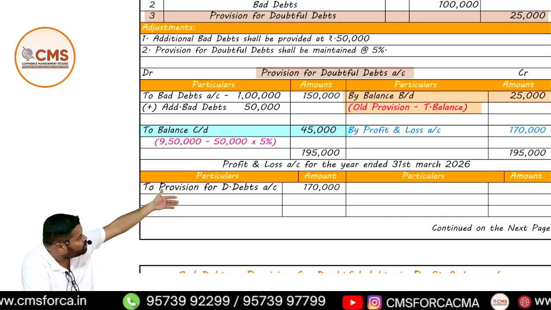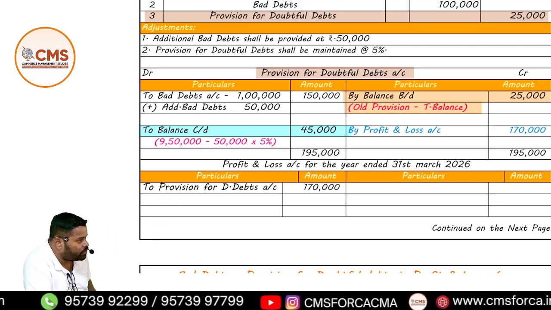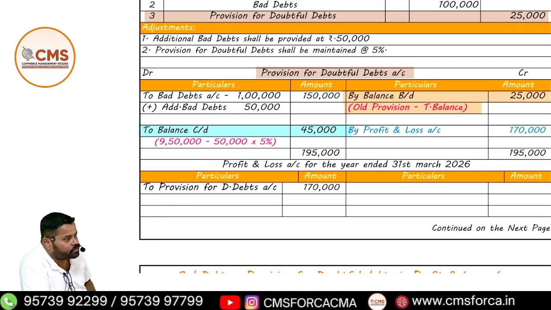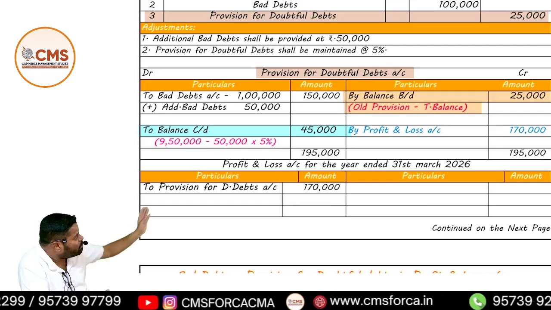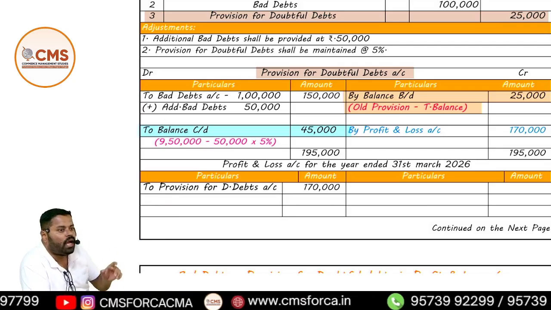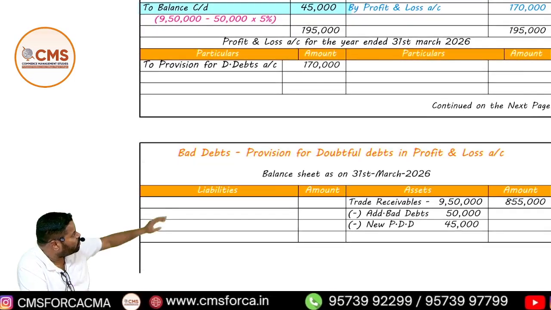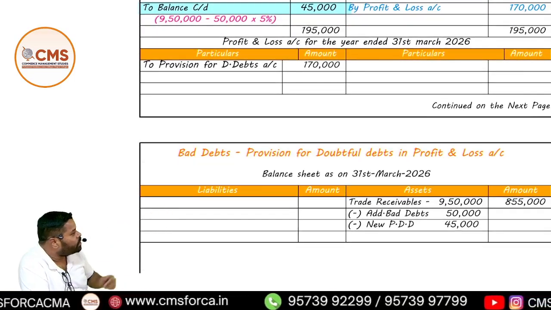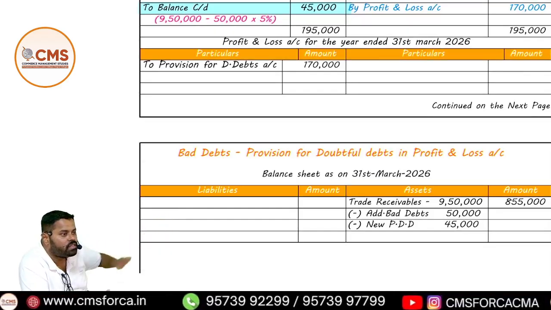So if the opening balance is on the credit side, I'll have the closing balance on the debit side. Now balance this account. Total on the debit side is 150 plus 45, 195, minus 25. P&L account 1,70,000. I will write the difference amount in my profit and loss account. What we are showing in the P&L account is only provision for doubtful debts 1,70,000.